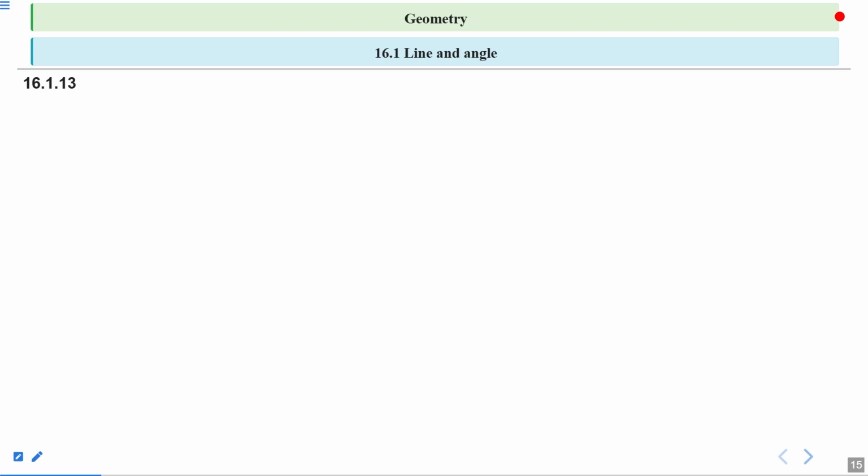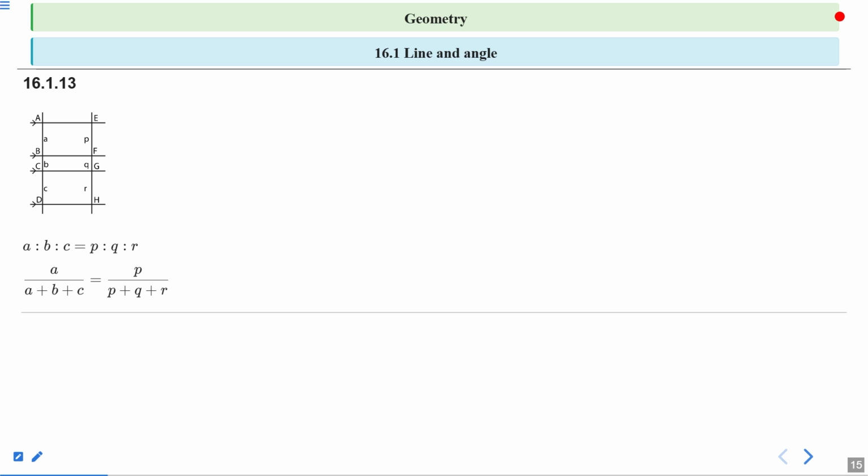Next one is, if these parallel lines are given, we can say that A ratio B ratio C equals P ratio Q ratio R, because these are parallel lines. So we can say that A upon A plus B plus C equals P upon P plus Q plus R. Next one.